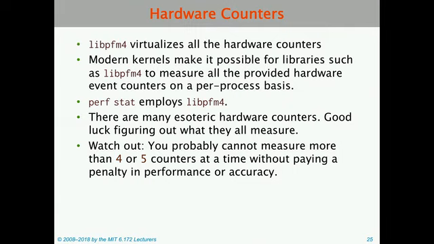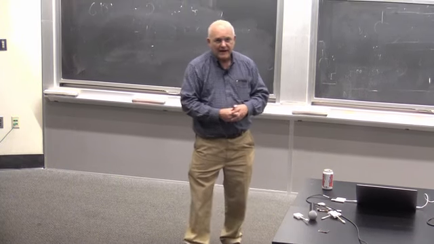There are a lot of esoteric hardware counters, and as I say, good luck figuring out what they all measure because they often are not well documented. A few of the important ones are well documented, but most of them are very poorly documented as to exactly what they do. A really good example was somebody who was looking at cache misses to figure out how much bandwidth.